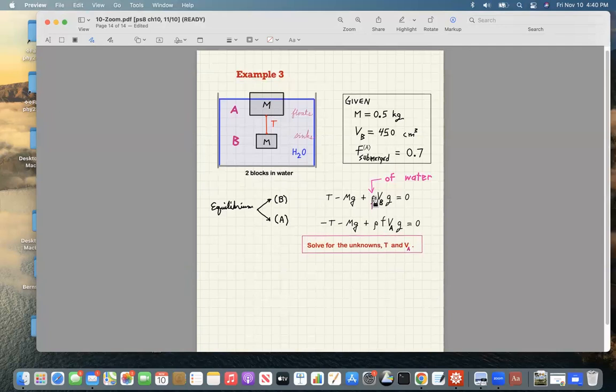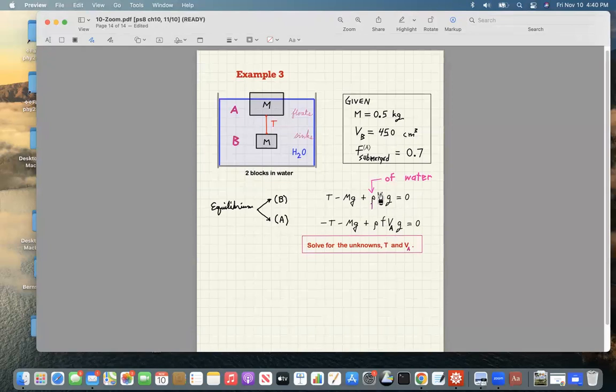So rho times V times g, that's the weight of displaced fluid. Mass times g. And the whole volume is displacing water.